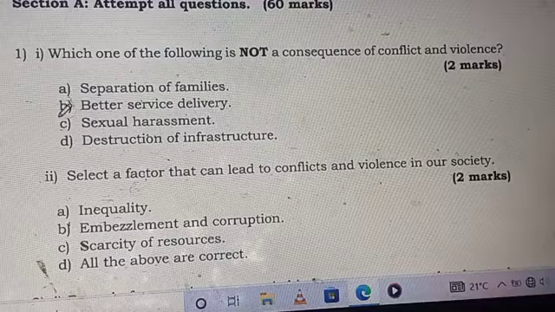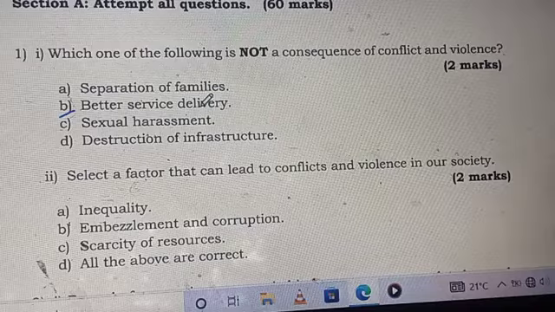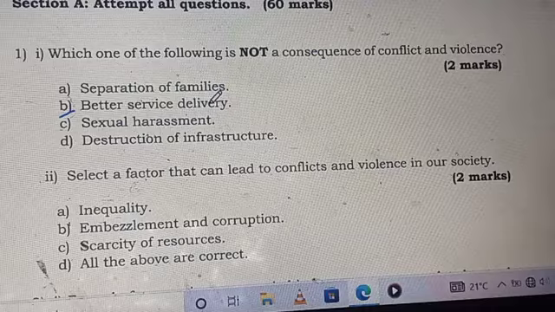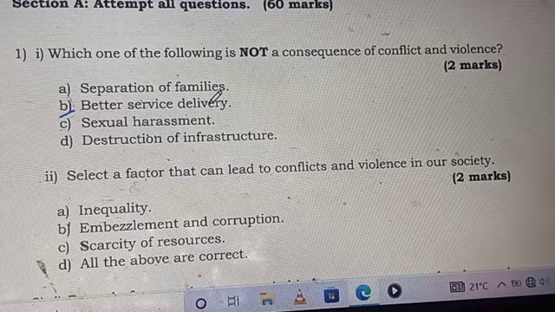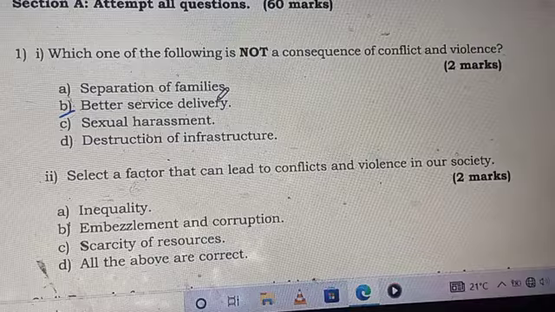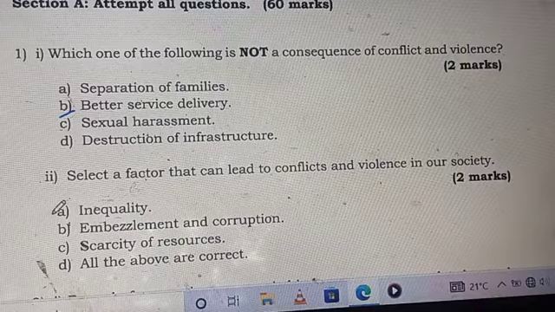The best answer is letter B, better service delivery, because conflict and violence destroy society. They cause family separation, sexual harassment, and destruction of infrastructure. Better service delivery is a positive effect, so it is not a consequence of violence.